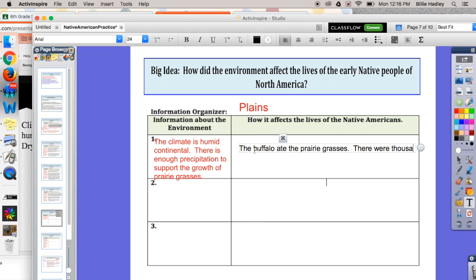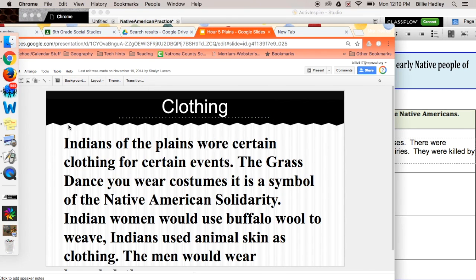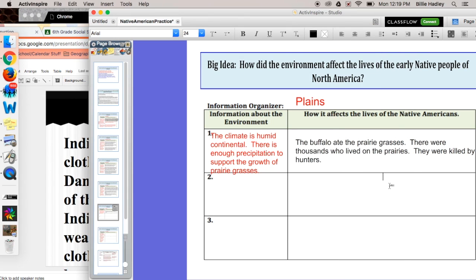There were thousands who lived on the prairies. They were killed by hunters. Okay, so they were killed by hunters, and in here it says that women would use the buffalo wool to weave.